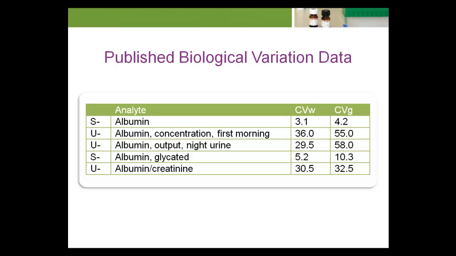Once it's been confirmed that there's published biological variation data for the test, the performance goal for imprecision needs to be chosen by the laboratory. The approach that's going to be discussed here is based on the work of Dr. Callum Fraser, a leading expert in the field of biological variation and its application in the clinical diagnostic laboratory.